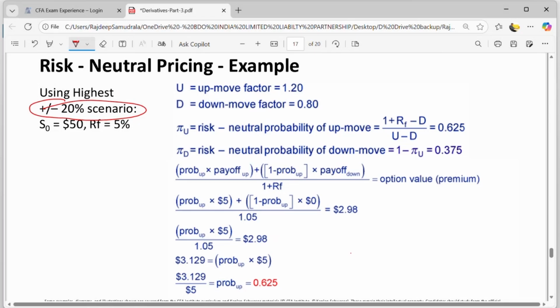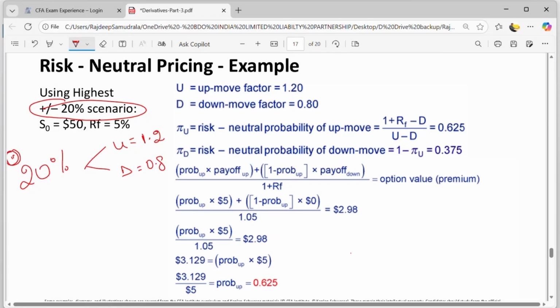In my earlier example, if it goes 20% up or down, this results in two things. Your value, which was 1, might become 1.2, and the value which was 1 could also become 0.8. Clear? So this is one learning, that the values in the up and the down will be 1.2 and 0.8.